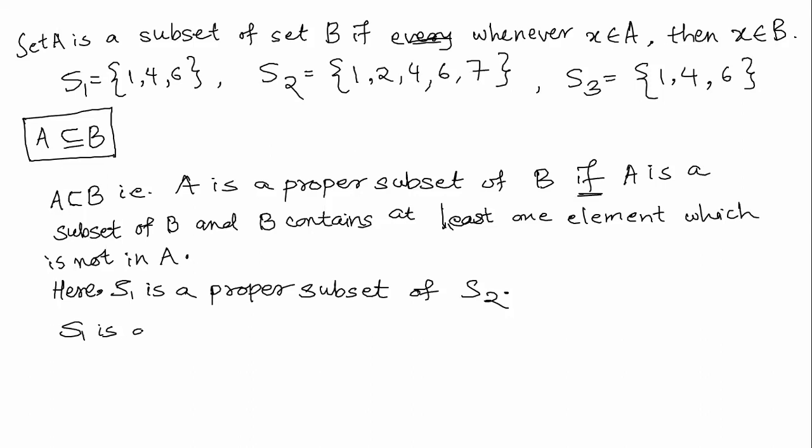So it is an improper subset of S3. What is meant by that? You can also say S3 is an improper subset of S1. Whenever I say that set A is an improper subset of set B, that means A and B are the same.